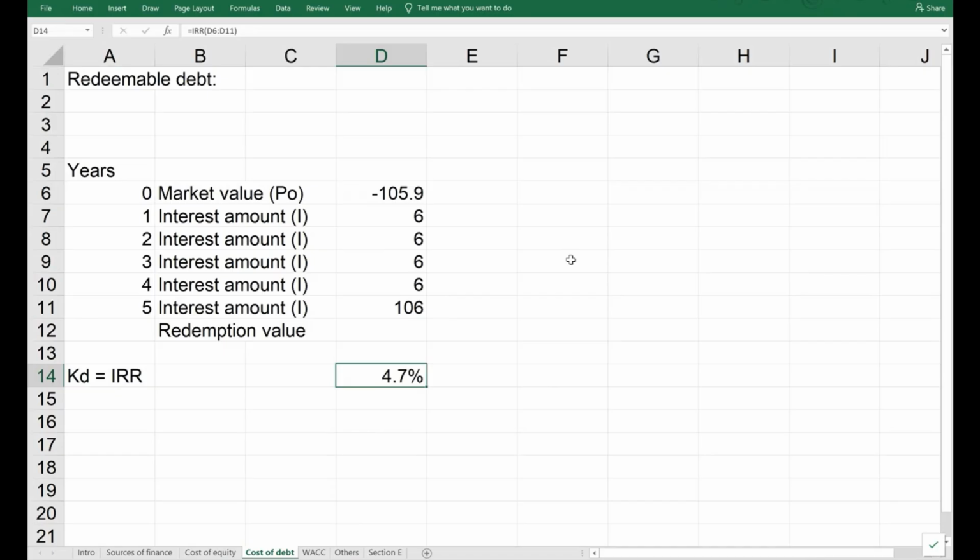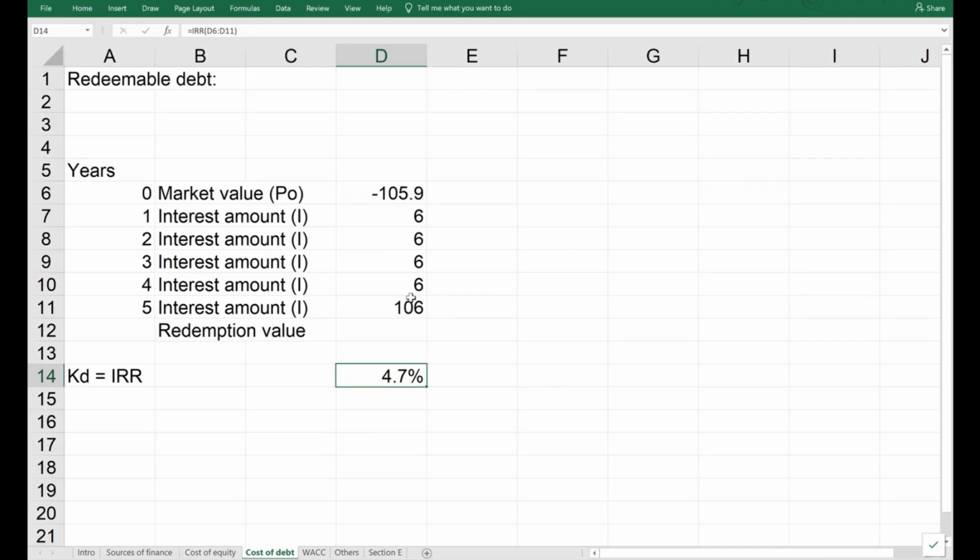Take the three cash flows. Which cash flows? Market value as an outflow today, interest as an inflow, and redemption value as an inflow, and find the IRR.